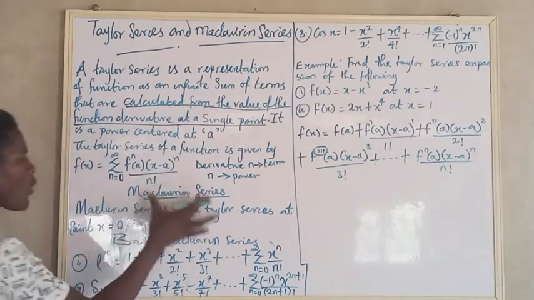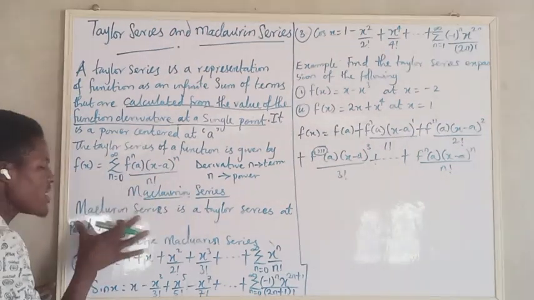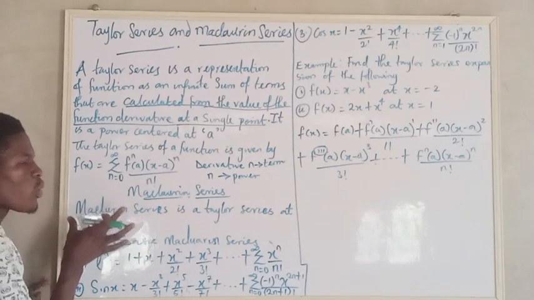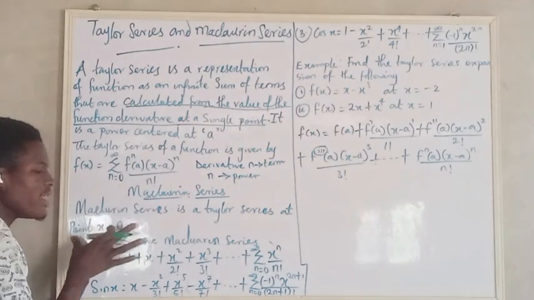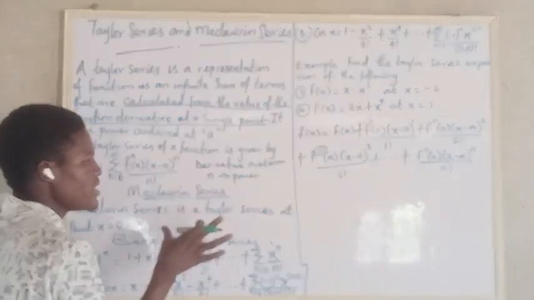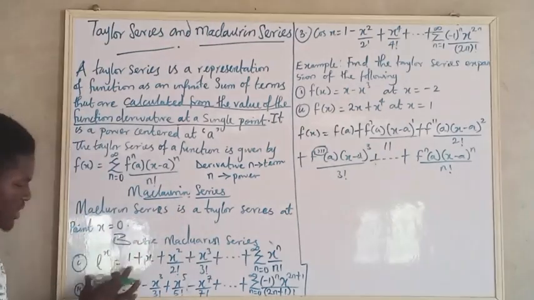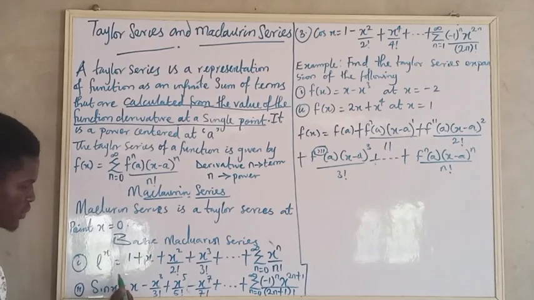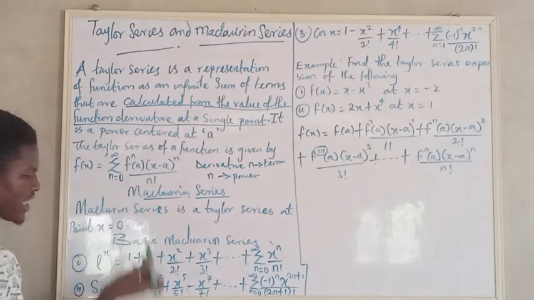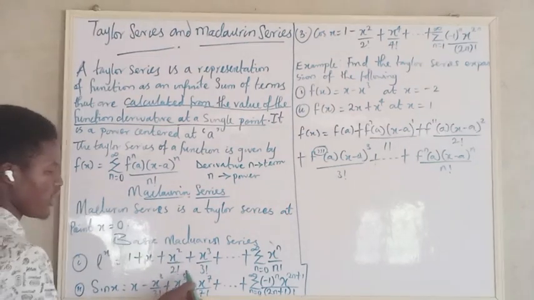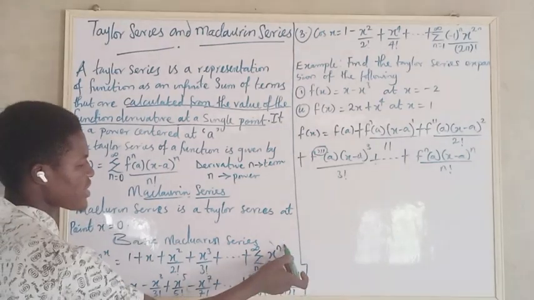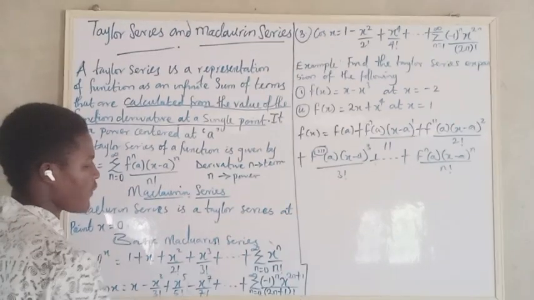Alright, so now what is the Maclaurin series? A Maclaurin series is a Taylor series at x equals 0. So when the value of our x is 0, then it is a Maclaurin series. These are some of the basic Maclaurin series. We have for exponential, and we have for sin x. For exponential, it is 1 plus x plus x squared over 2 factorial plus x cubed over 3 factorial plus up to x raised to power n over n factorial.